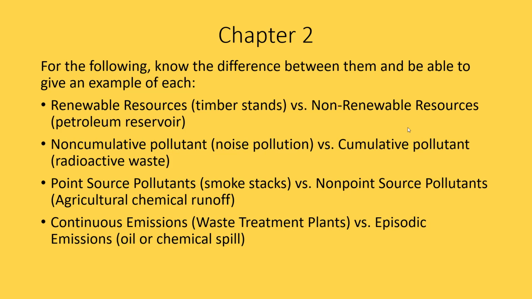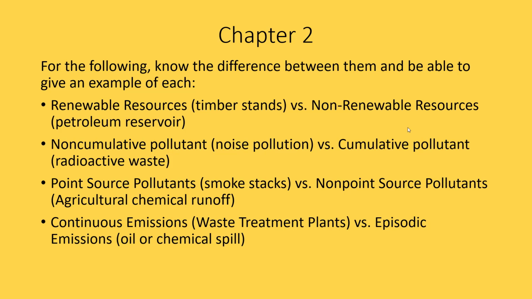Also, make sure you understand the difference between a point source and a non-point source pollutant. Point source pollutants might be something like smokestacks, where you can see where the pollution is coming from. You can trace the pollution back to the source. A non-point source pollutant might be something like agricultural chemical runoff from a group of farmers.